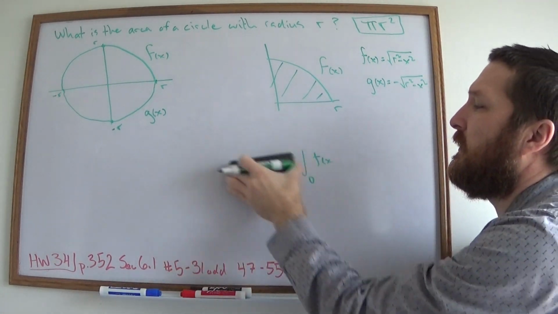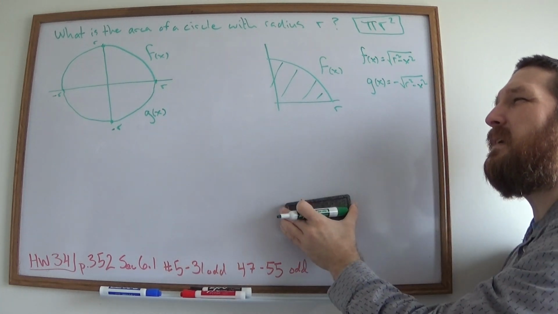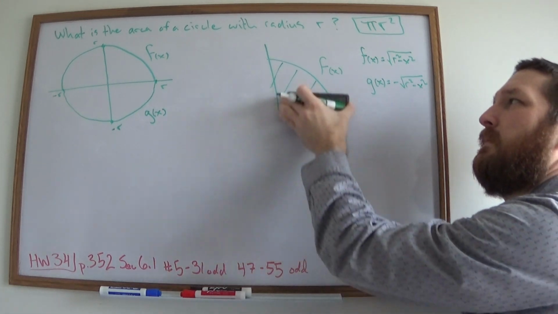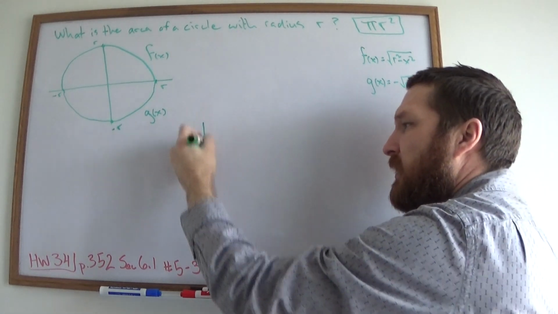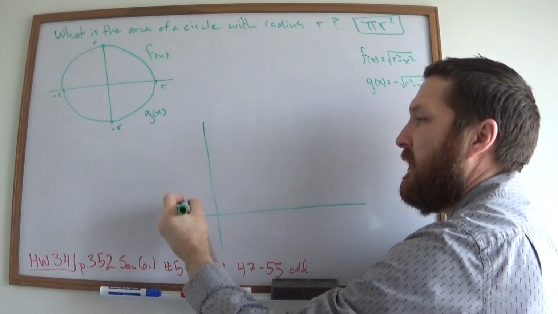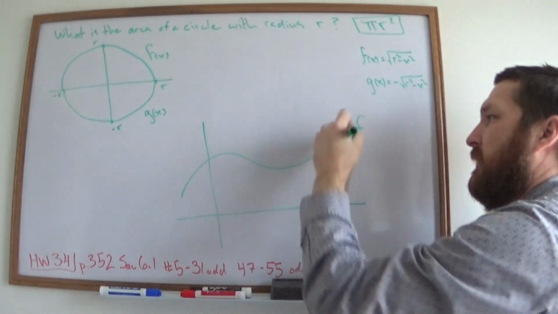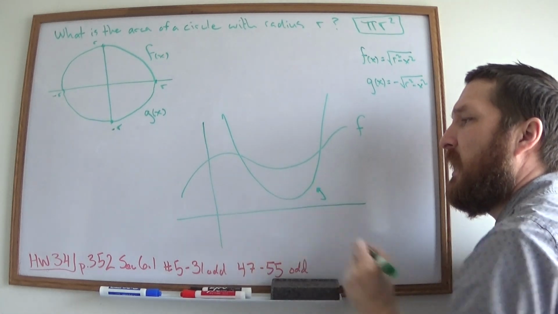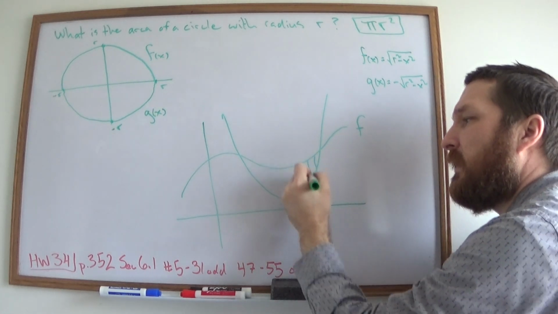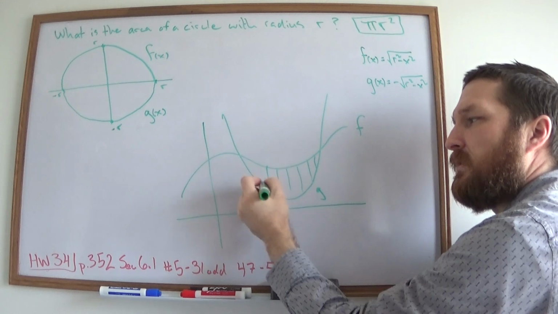So this is making a lot of assumptions that we don't know. And in general, and this is what we're going to be talking about today, you might have some function f and some other function, say g, and you want to know what's the area right here between these two functions.